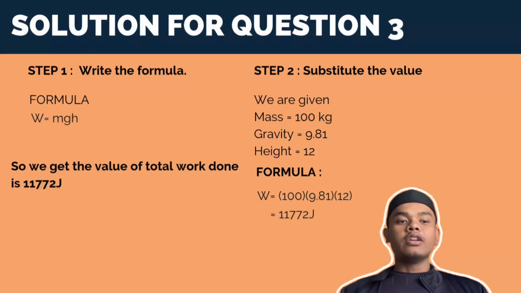And then the formula will be W equals 100 times 9.81 times 12, and then the answer will be 11,772 joules. So we get the value of total work done is 11,772 joules.